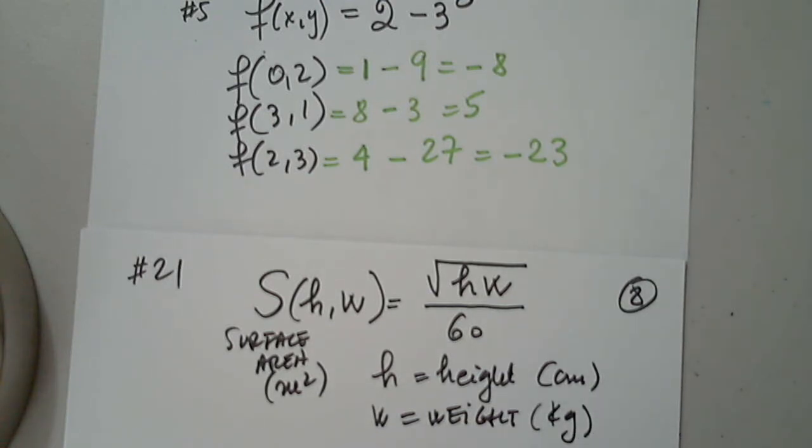Find, use the formula to approximate the surface area of a person whose height is 165 centimeters and whose weight is 80 kilograms.